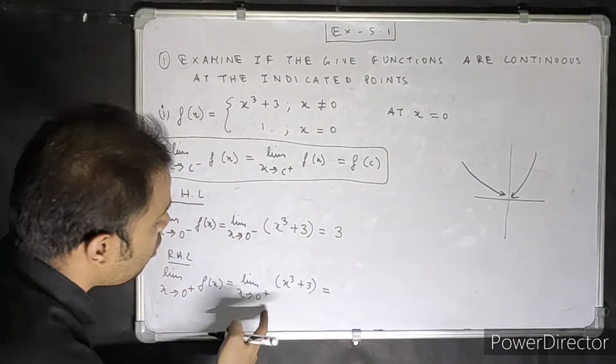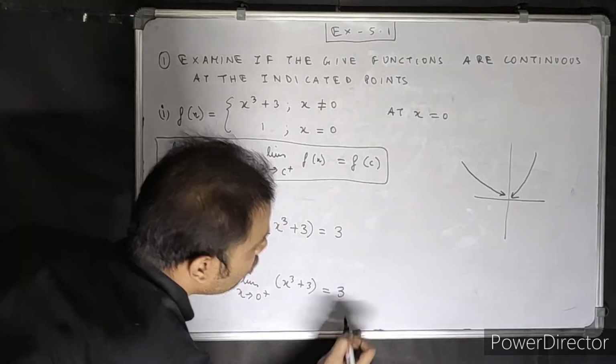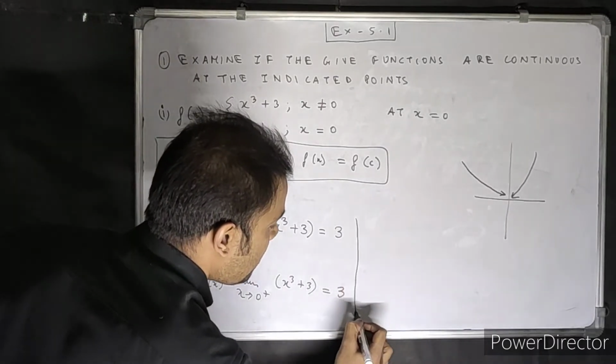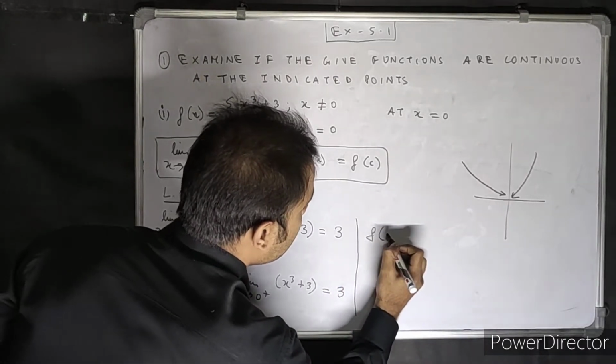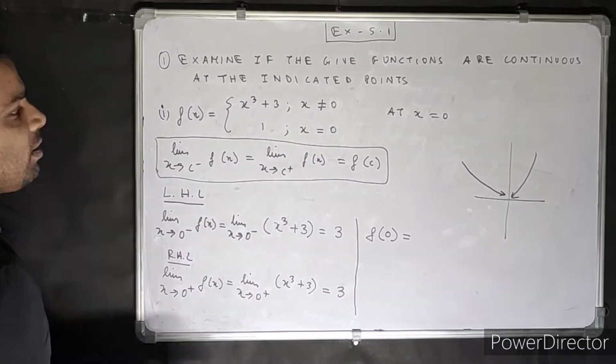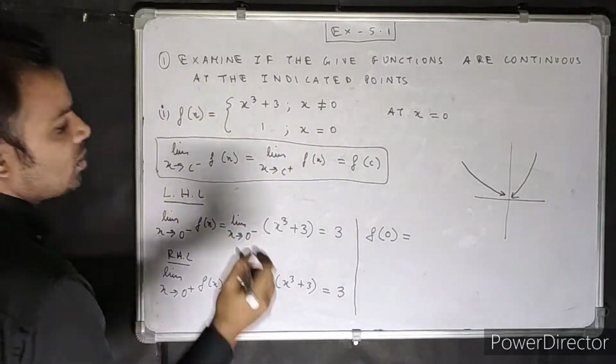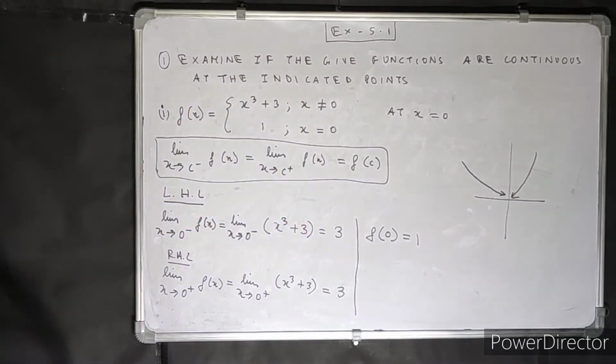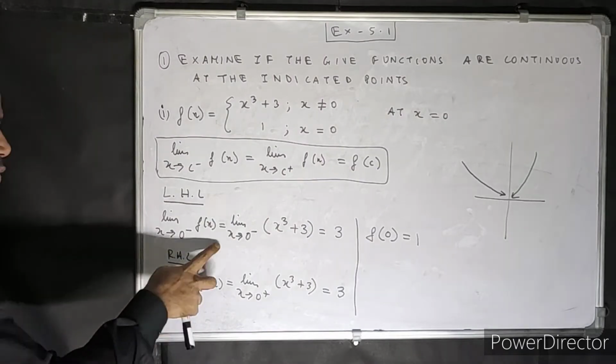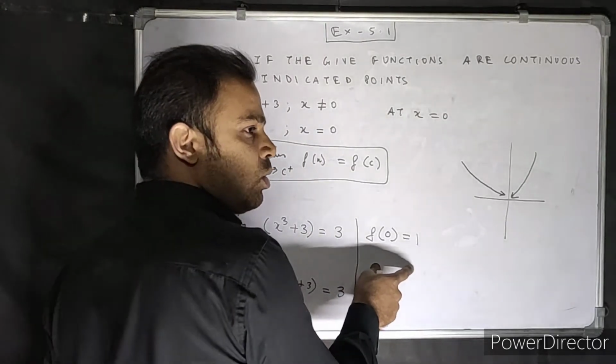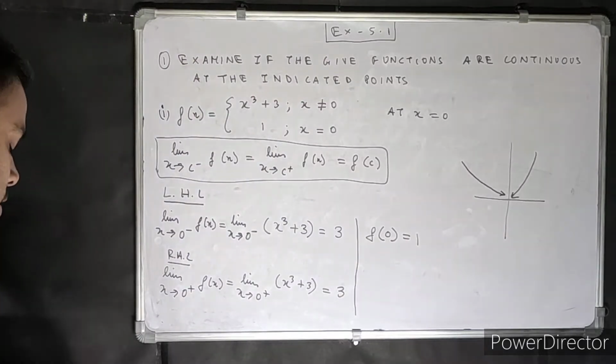When you put 0 over here, you are getting 3. But when you do f of 0, you are supposed to get 1. So these two are equal to each other, but not equal to the function value. So the function is not continuous.